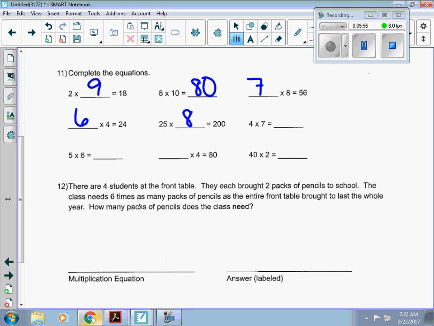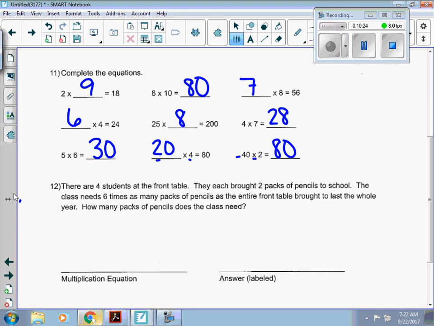So that 8 quarters must equal $2 or 200. 4 times 7 is 28. 5 times 6 is 30. 20 times 4 is 80. And 40 times 2 is 80. These two have the same basic fact, 4 times 2. They just switched which number got the 0.